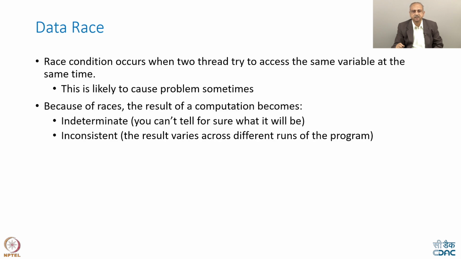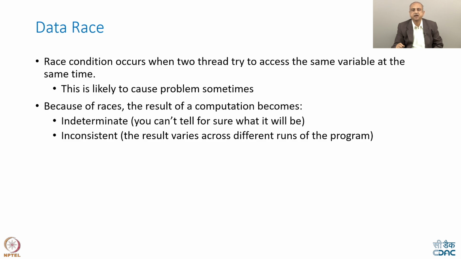Because a race condition exists, a program that has multiple tasks can result in an error. This error could be of two types. One is indeterminate. Indeterminate means you cannot be sure as to what the result is going to be. I will explain this with an example later. Another issue that can happen is inconsistency.